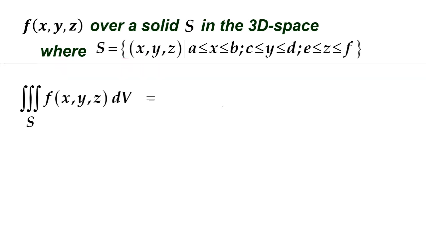Since dV can be written in different ways, that means we can do different orders of integration. We will now obtain some iterated integrals that will solve for the triple integral of this given function over the given rectangular solid S.